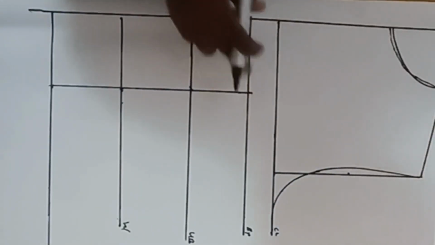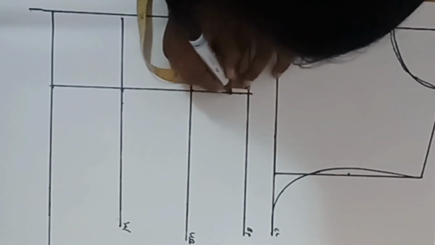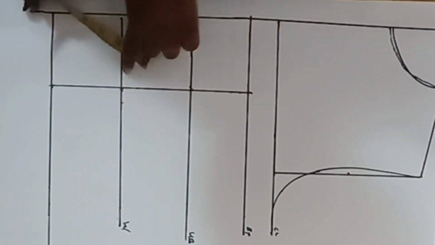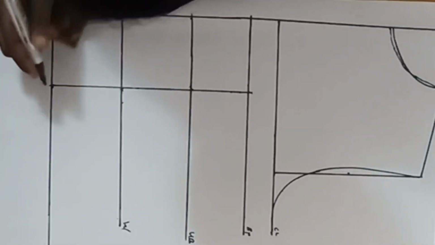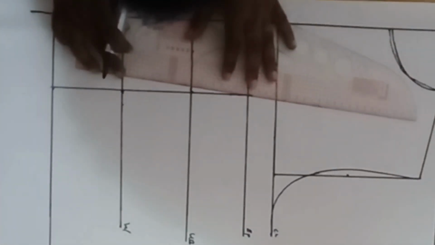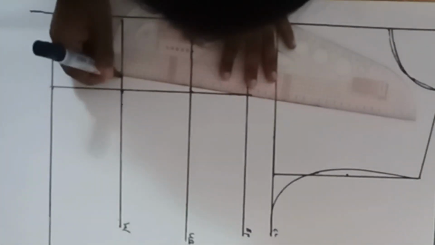Okay, so on the bust point, I want to come down by 1 inch. Try and come down by 1 inch, and then we'll connect those lines from the full length of the dress down to each of the dart lines. So connect the dart leg like that.